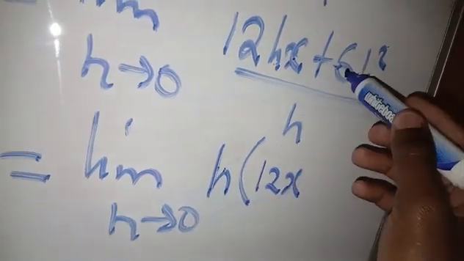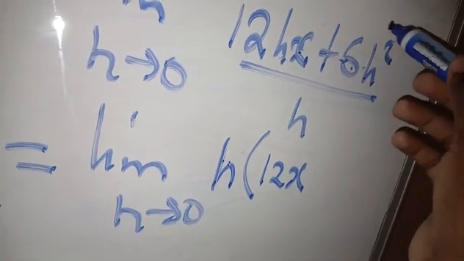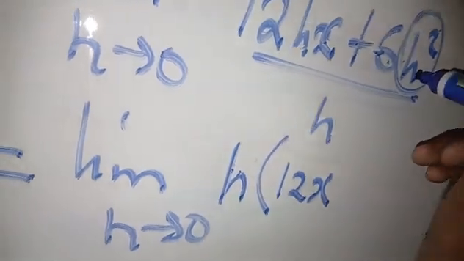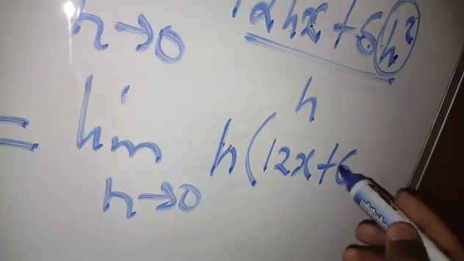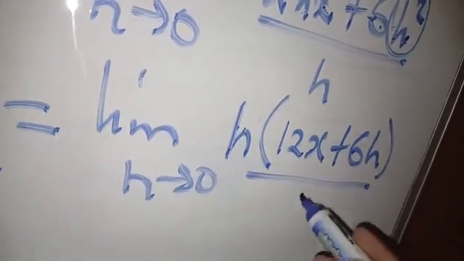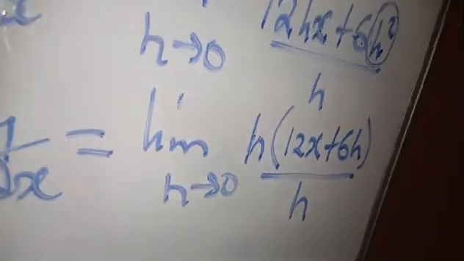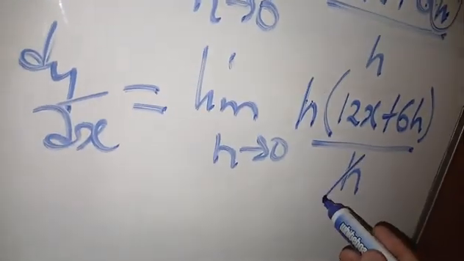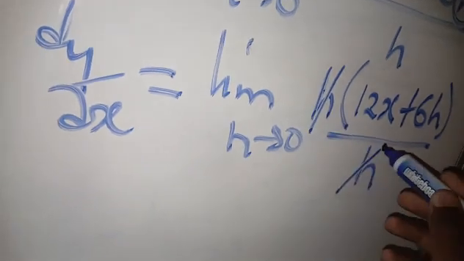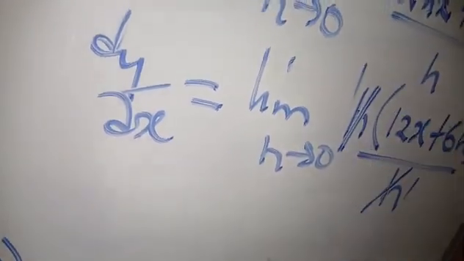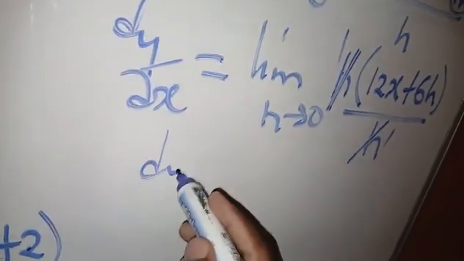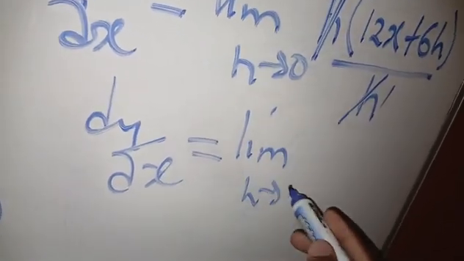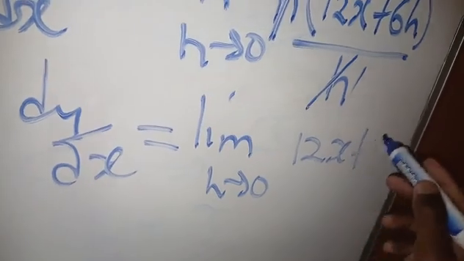Then h into 6h squared, here there are 2, so when you remove 1, you remain with 1. So it will be 6h, and everything divided by h. So we can easily say, this one into this one, we are reducing, 1. So we remain with dy over dx is equal to limit as h approaches 0, 12x plus 6h.